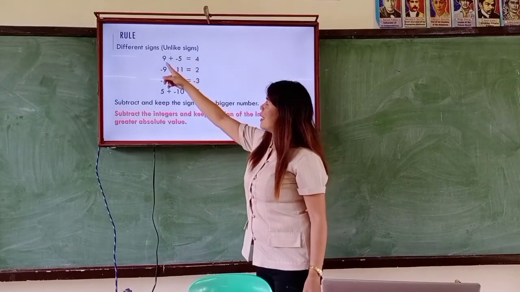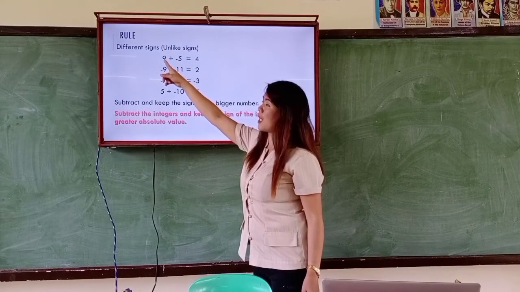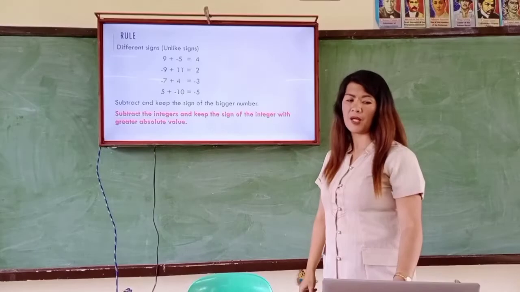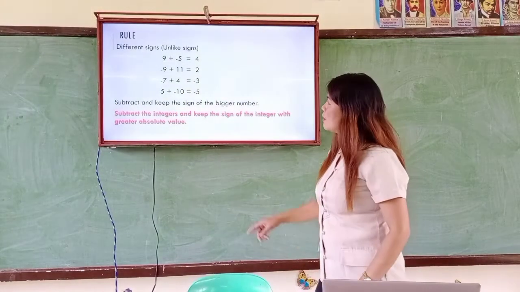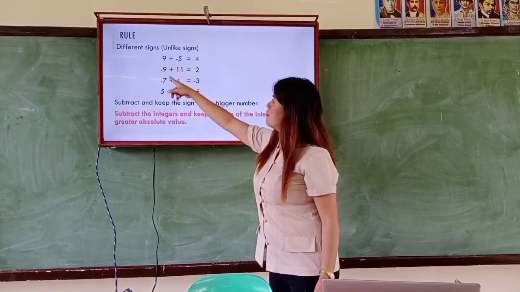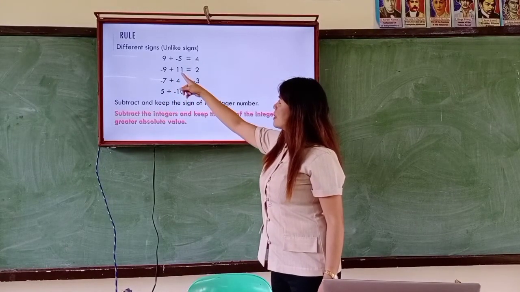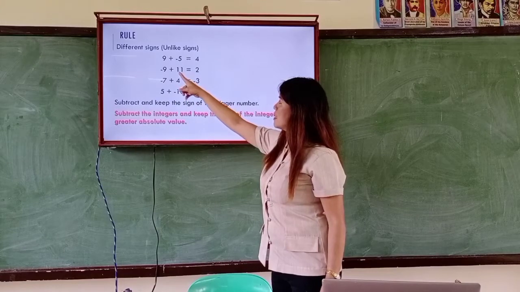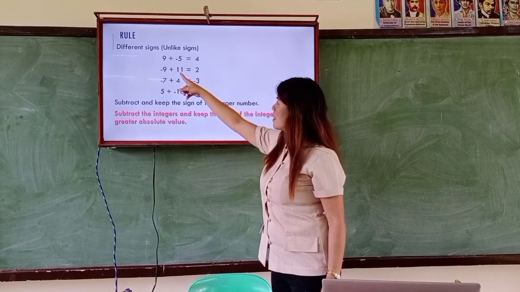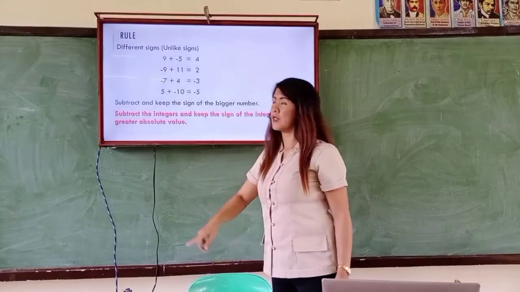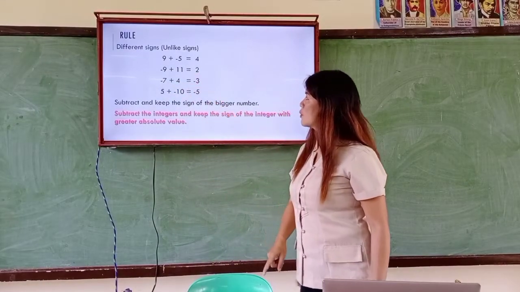Since 9 has a greater absolute value, copy the sign of the 9. So the answer is positive 4. Here we have negative 9 plus 11, different signs. Subtract and keep the sign of the positive 11 since positive 11 has a greater absolute value compared to negative 9. So the answer is positive 2.